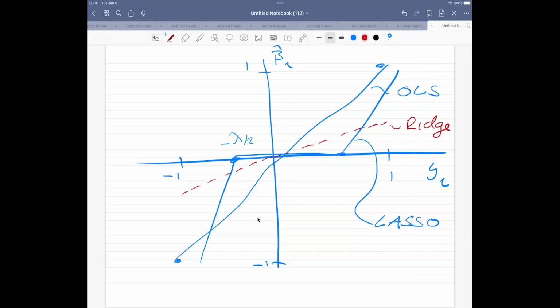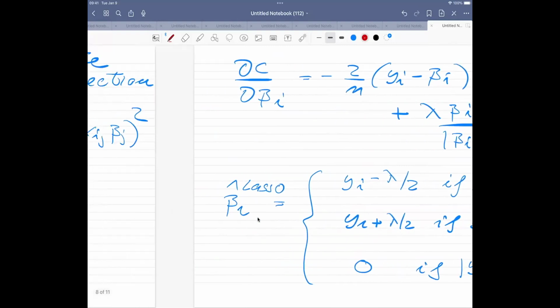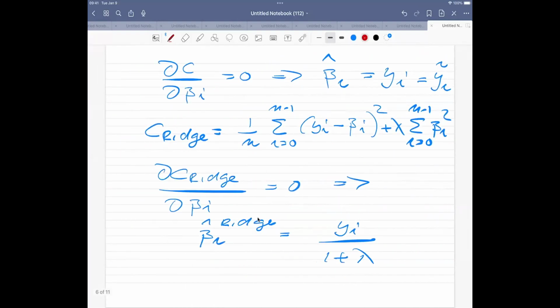And we say that the regularization term is dominating. So if you look back at the equations we had, like the one for ridge, if you increase lambda, then obviously that decreases beta.